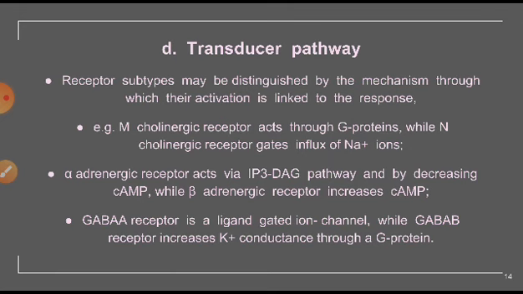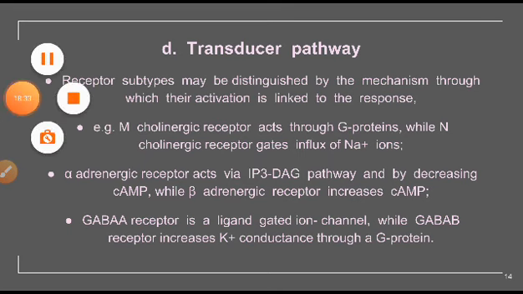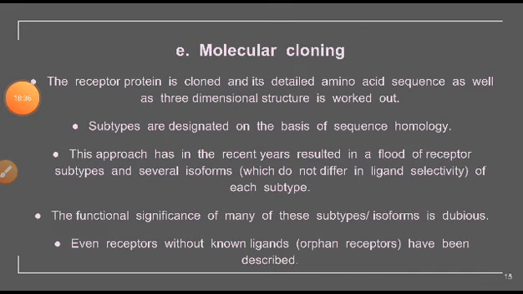So, different methods of action. The GABA A receptor is a ligand-gated ion channel, while the GABA B receptor increases potassium conductance through a G protein. So, likewise, various different receptors have different transducer mechanisms, or transducer pathways. On that basis, they have been divided into different categories.